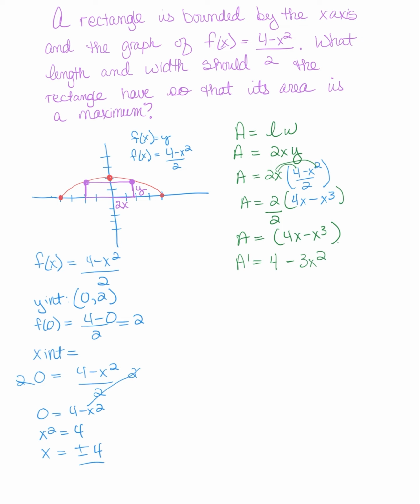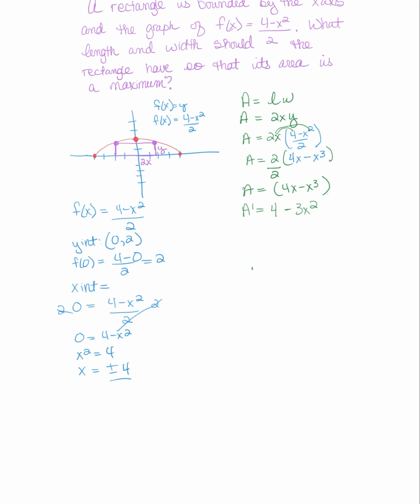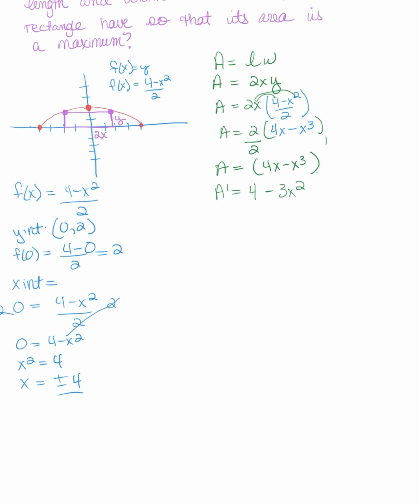All right, beautiful. Well, now we need to find out when this derivative equals 0. So A prime equals 0 when 4 minus 3x squared equals 0. So that happens, here we go, 4 divided by 3 equals x squared. Well, then we have x equals square root of 4 over 3 plus or minus, but we know now that the plus is all we're going to be dealing with because we're talking about dimensions.